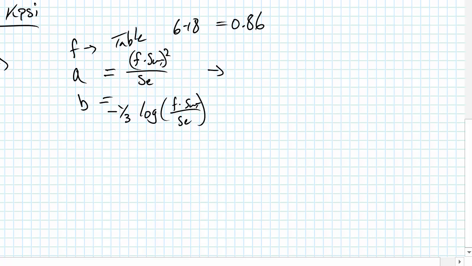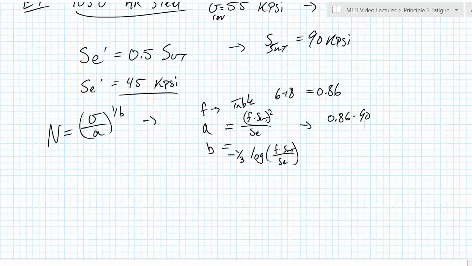So for our situation, that looks like 0.86, which is just a fraction, times the ultimate strength of 90 kpsi, divided by the endurance strength Se, which we found as 45 kpsi. This value is squared.